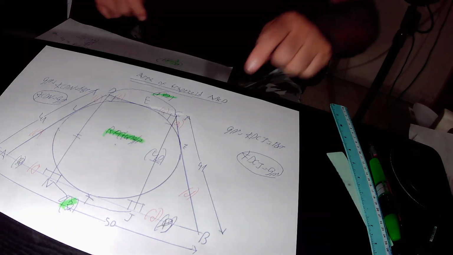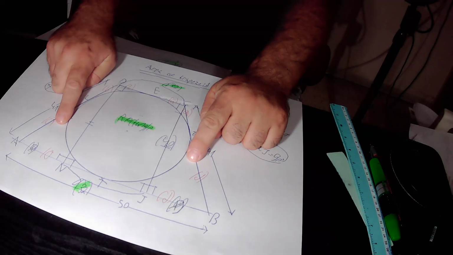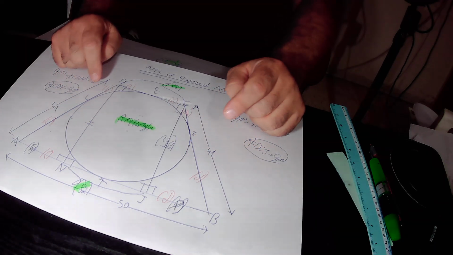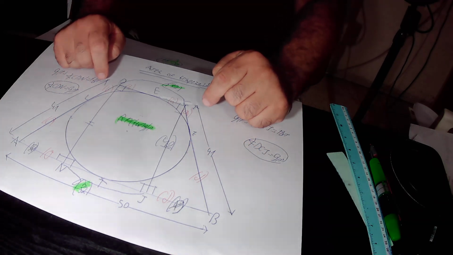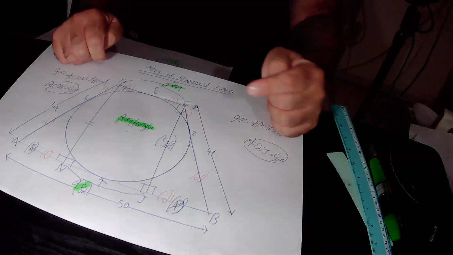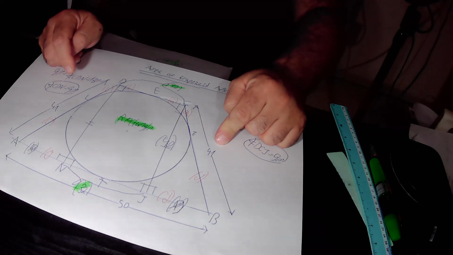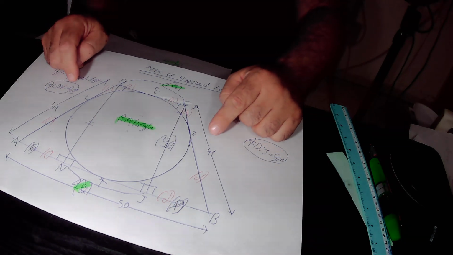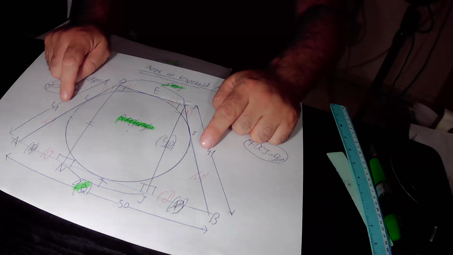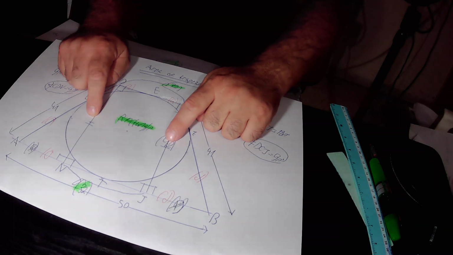So if we focus on those two right triangles, they have the hypotenuse DA equal to 41 and the hypotenuse CB also equal to 41, according to what is given in the question. So the hypotenuses of those two right triangles are equal to each other, and side DN is also equal to side CJ.